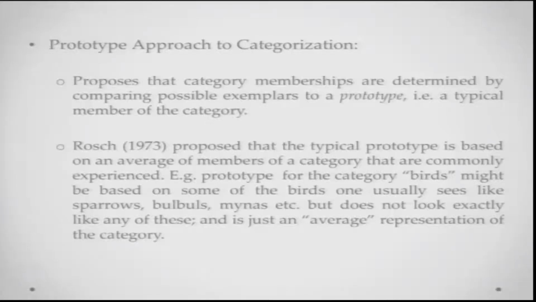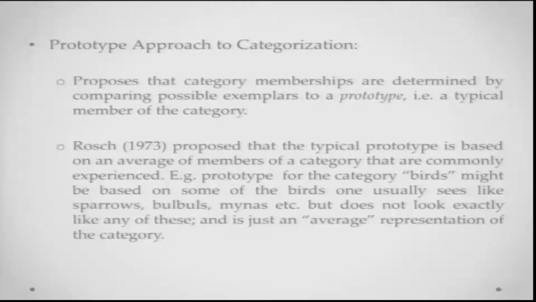Say for example, a prototype for the category of birds might be based on some common knowledge about birds or some common birds that you usually see. In our Indian context, you see sparrows, munia, bulbul, myna, other kinds of birds. You can combine crows, you can combine all of their characteristics, write a description, and that could be a prototype exemplar, and that could define what characteristics birds have. So, you are talking about an average representation of the category.